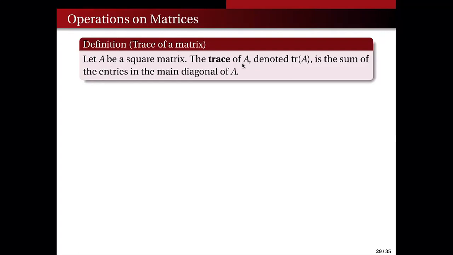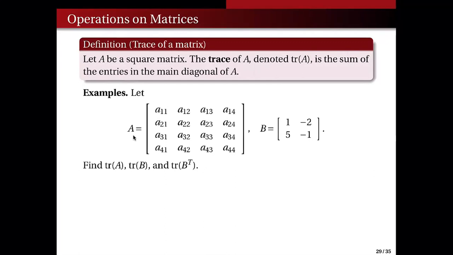The trace of A, denoted by tr(A), is the sum of the entries in the main diagonal of A. For example, here you have the matrix A. It's 4 by 4, so it must be square.